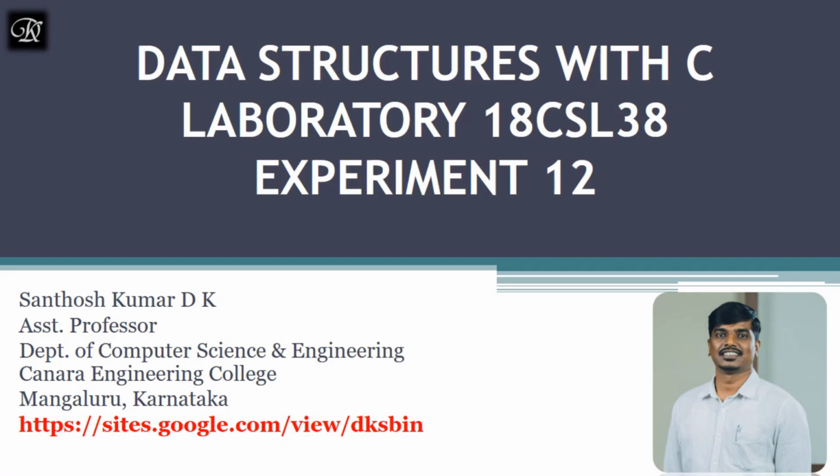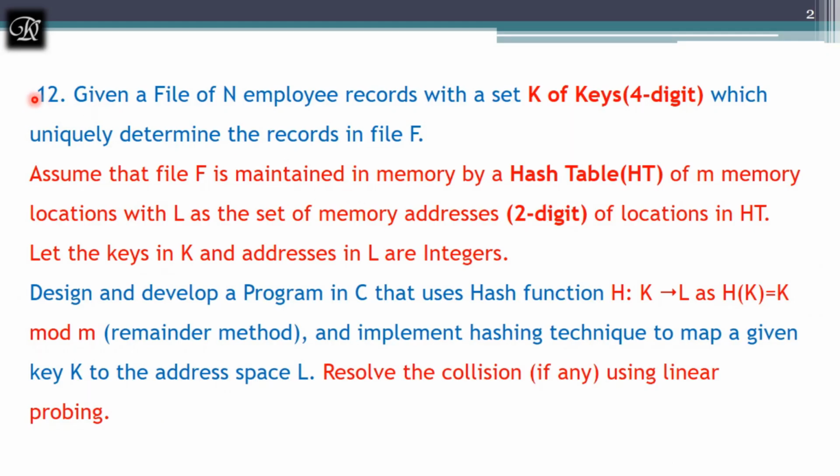Hi all, we will discuss the 12th experiment in this video. The 12th experiment problem statement goes like this. Given a file of n employee records with a set K of keys, each of 4 digits, which uniquely determine the records in the file F. Assume that file F is maintained in memory by a hash table of m memory locations.